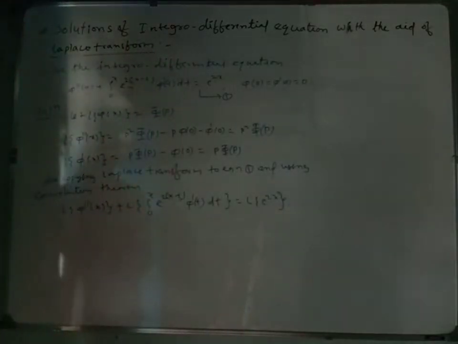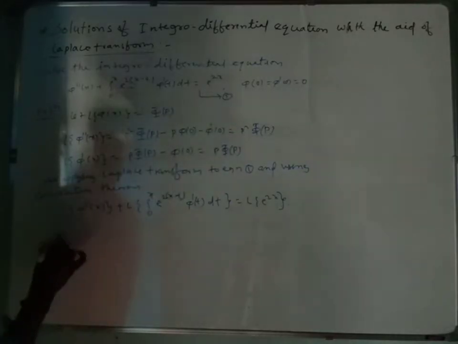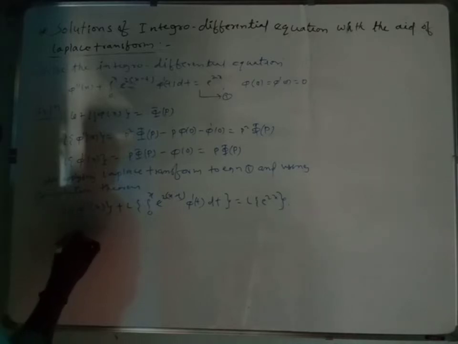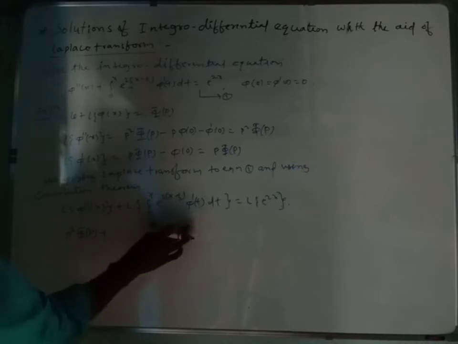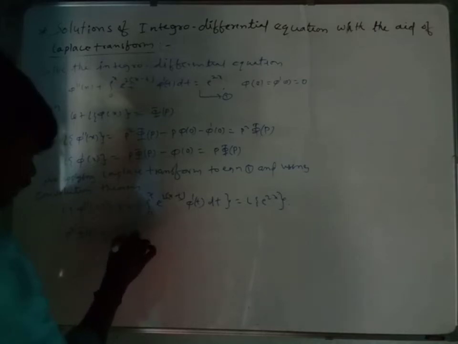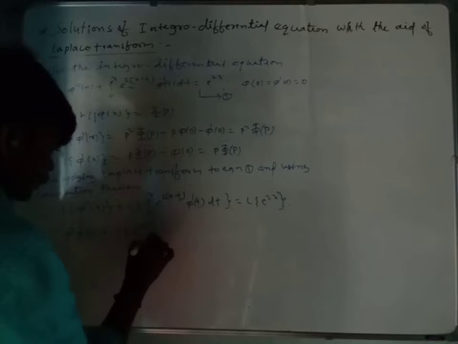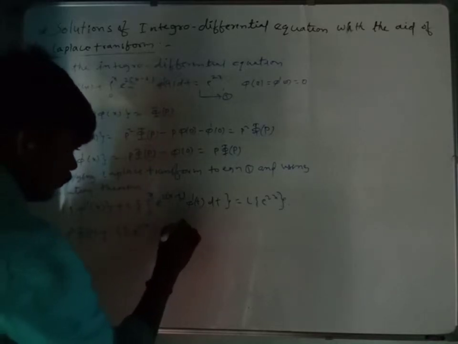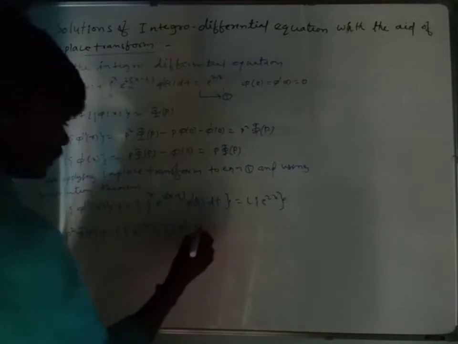We know that Laplace transform of phi double dash of x equals p square capital Phi of p, plus this convolution type term. By the convolution theorem, it is Laplace transform of e to the power of 2x into Laplace transform of phi dash of x.